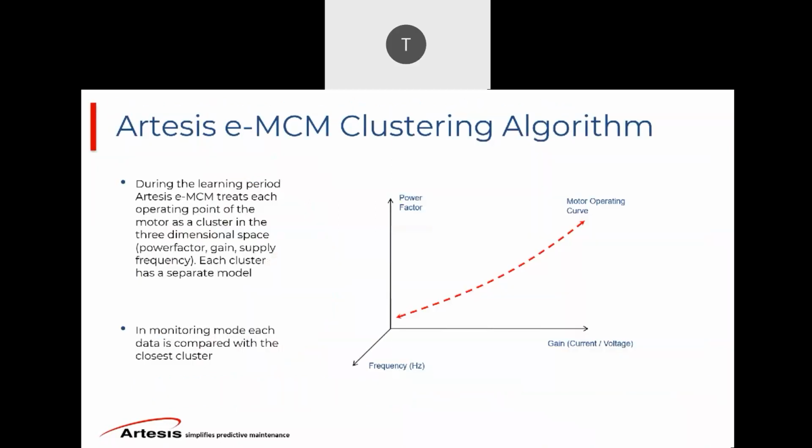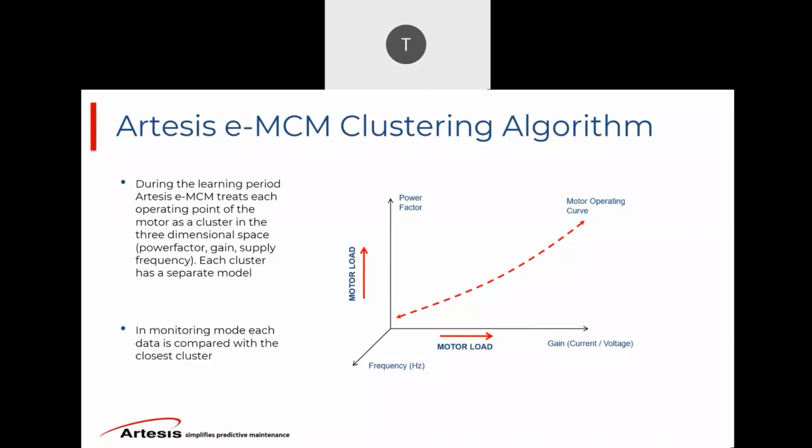So as I touched on early on, the system takes 10 to 12 days to learn a system. And the reason for that is that it's trying to maximize its coverage of the motor's operational conditions, right?